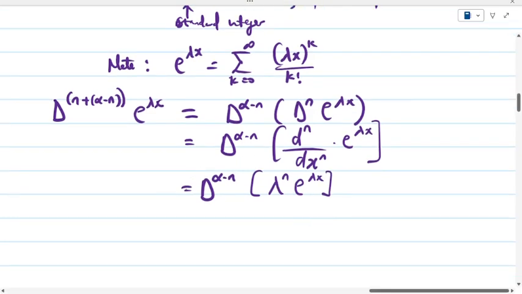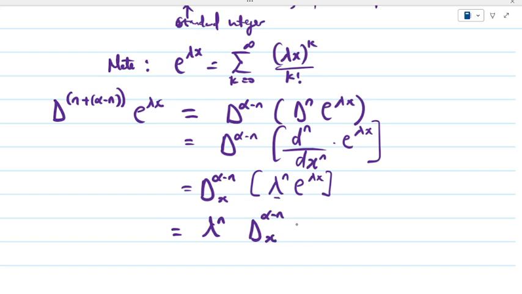Since we are differentiating with respect to x, we can just bring this lambda n outside. So we have lambda n, then the fractional derivative of order alpha minus n of the exponential of lambda x.